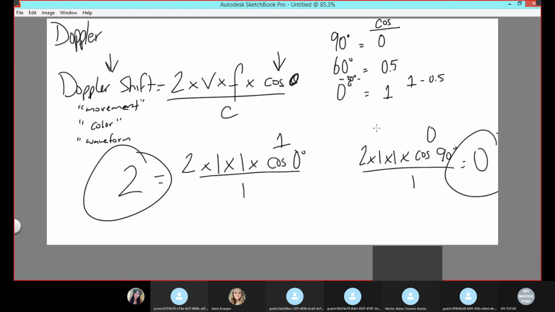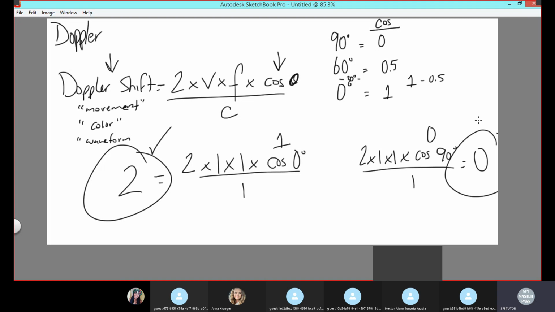Because you changed your angle from 0 degrees to 90 degrees, in one example you saw a Doppler shift, which means you saw color and a waveform. In the other example, you saw nothing. You made it look like there was no movement in that vessel.